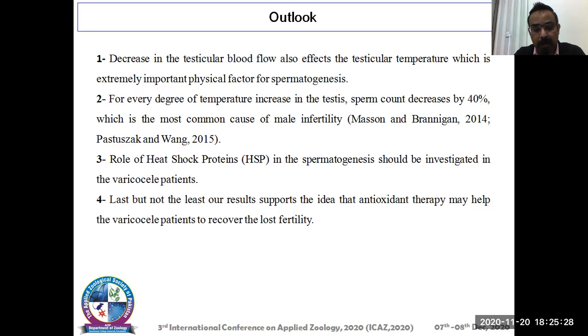Lastly, but not least, our results support the idea that antioxidant therapy might be helpful in these varicocele patients to recover their lost fertility. Thank you very much, and I think I have exceeded my time limit.